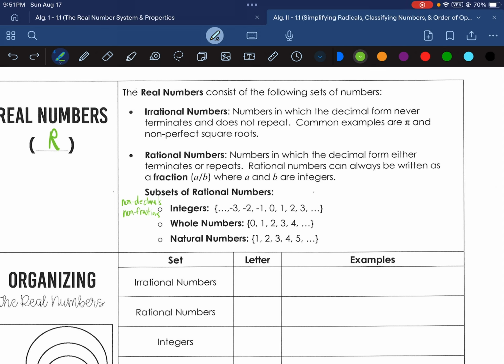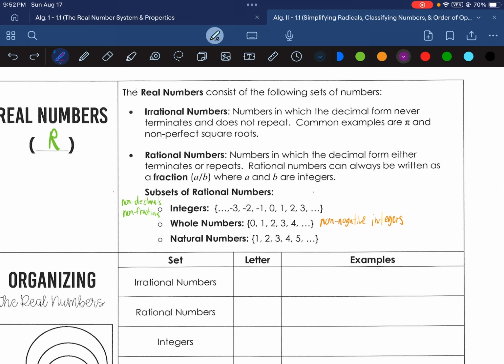So you have everything lower than -3, everything higher than 3, but in between, notice, -3 and 3, you only have non-decimals, non-fractions there. Whereas whole numbers are the non-negative integers. So it's like we just axed out those, and boom, we have whole numbers now.